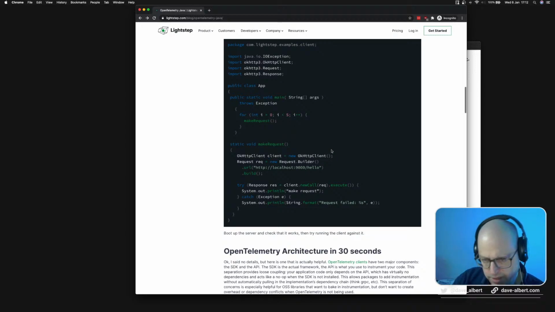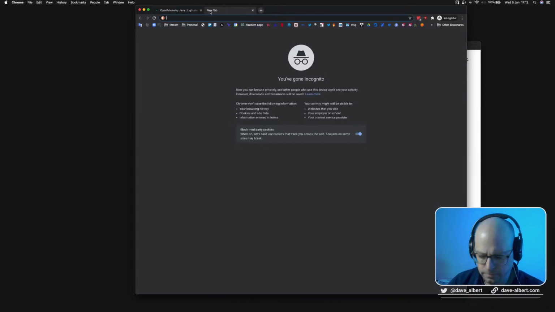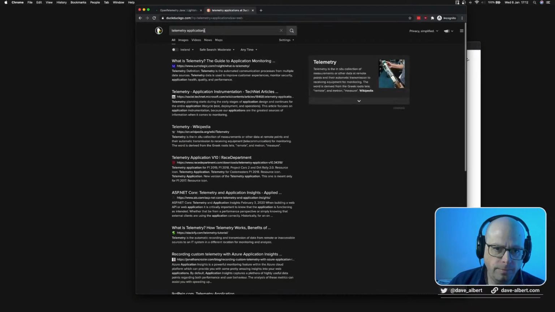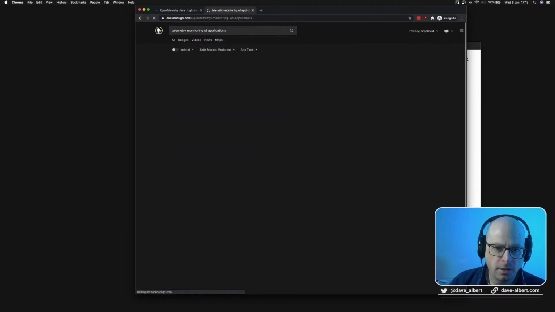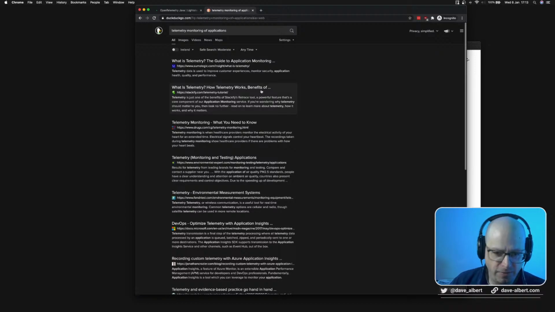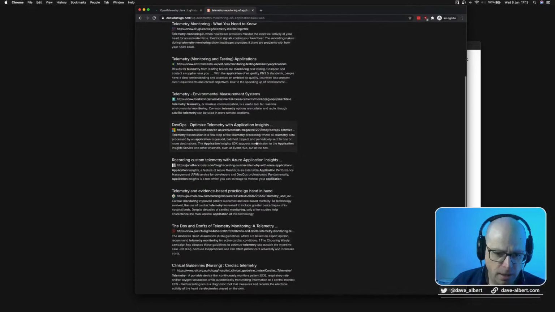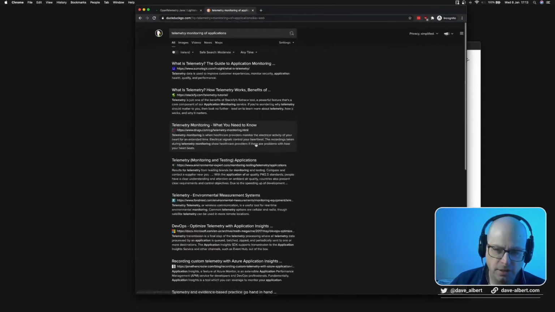Gone blank. Not telemetry applications, that's not the right word. Miniature thing. I swear the number of things that have just blown right out of my head today. Insane. Jeez.